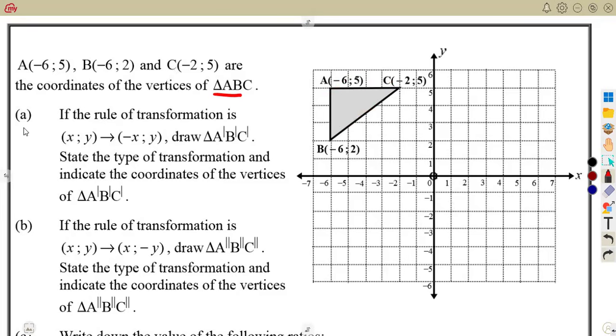These are the points that you're given. If the rule of the transformation is (x, y) to (minus x, y) like this.